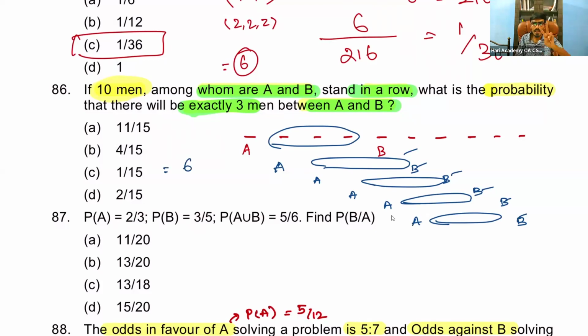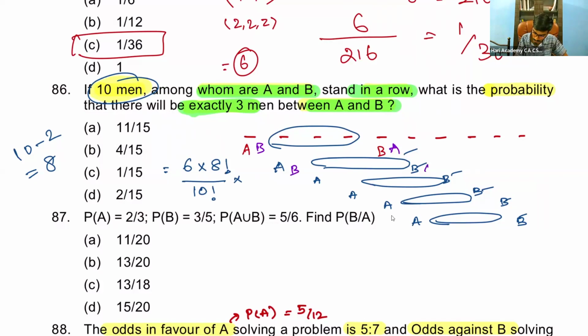And A and B from 10 men, remove A and B, 2 men. We are remaining with 8 men. Those 8 men can arrange themselves in 8 factorial ways, divided by the total value, which is 10 factorial. Into, there is also the other possibility that B will be in this position, A will be on the 5th position. B will be on the 2nd position, A will be on the 6th position. Like this, it will be there.